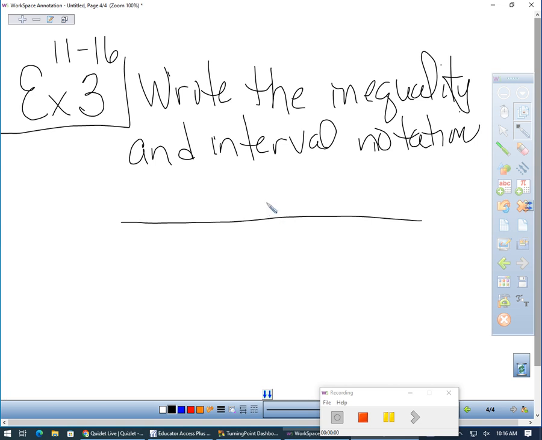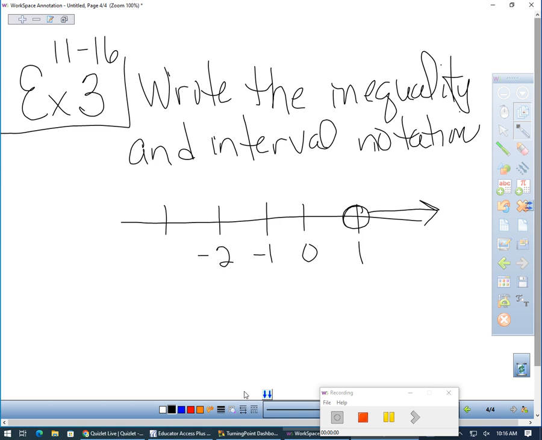So let's say I give you a graph on your paper. Maybe it looks like this: -2, -1, 0, 1. And you have an open dot, and it goes to the right.